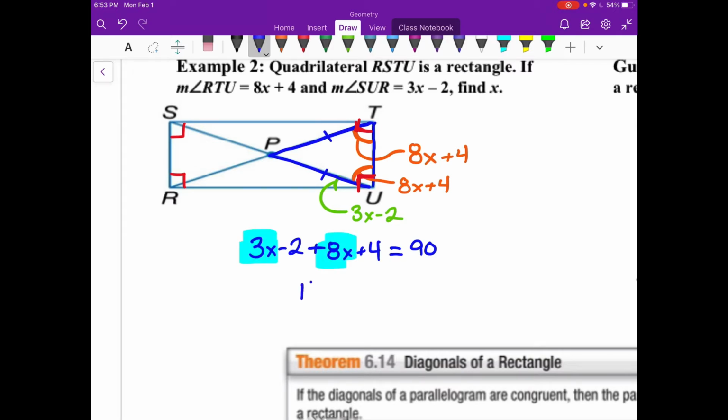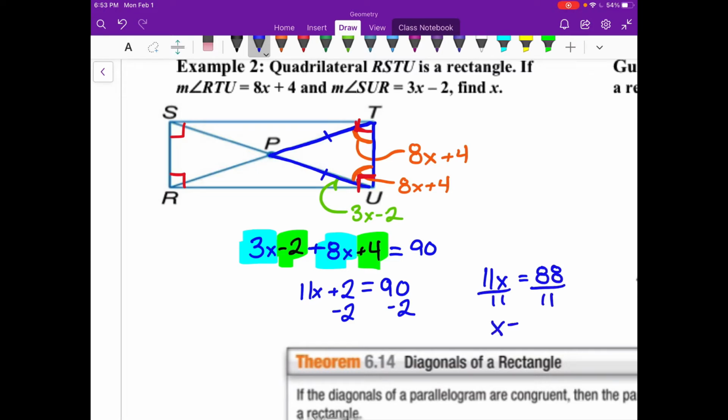When I add those together, I get 11x. And then I've got a minus 2 and a plus 4, and that simplifies to a plus 2 equals 90. I'm going to subtract 2 from both sides. So 11x equals 88. Divide by 11, and I get x equals 8.